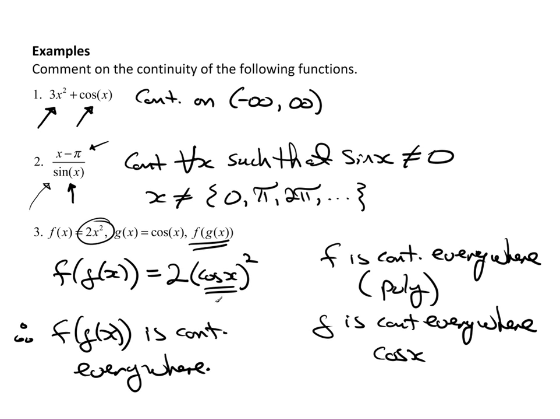See, cosine will never be a number that 2x squared can't handle. And because I don't have a fraction, I don't have cosine in the denominator or 2x in the denominator, I don't have to worry about if one of them is 0. If cosine is 0, who cares? Is this 2 times 0 at 0? That is no big deal. So this composite function is in fact continuous everywhere.